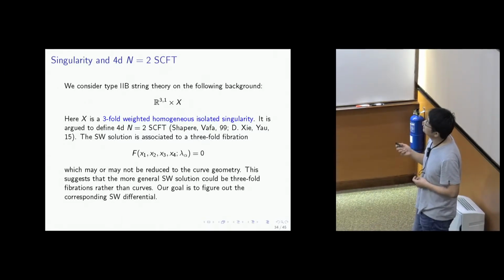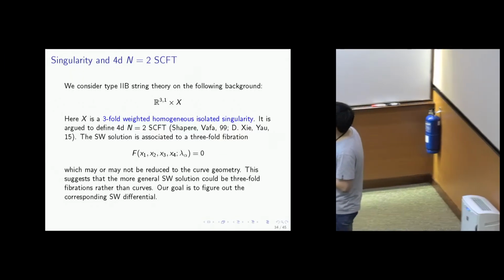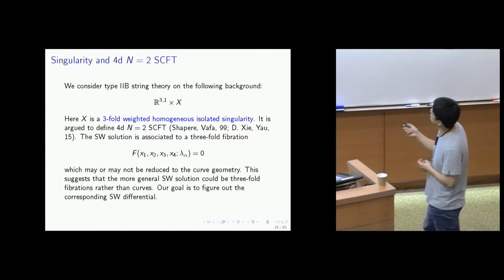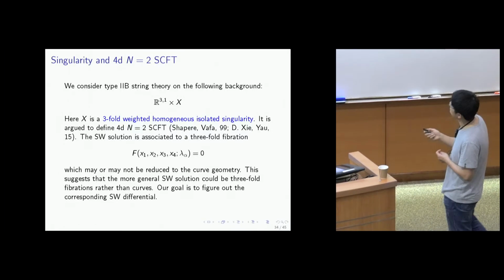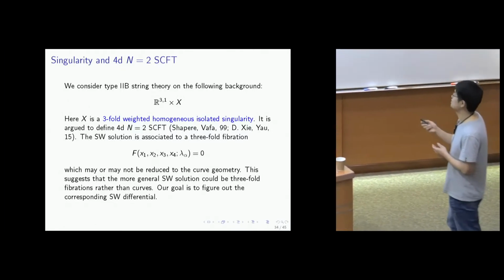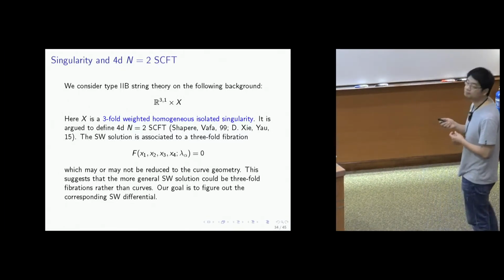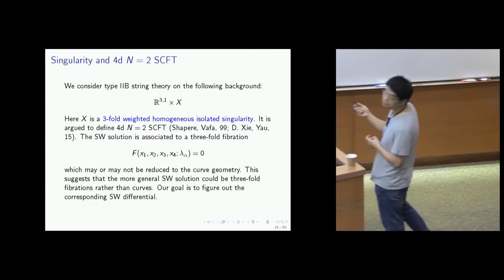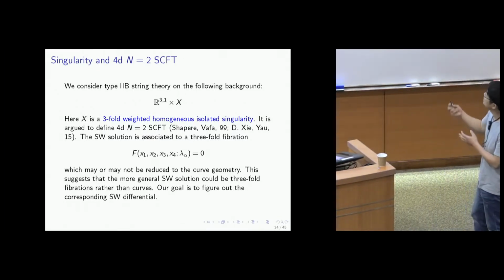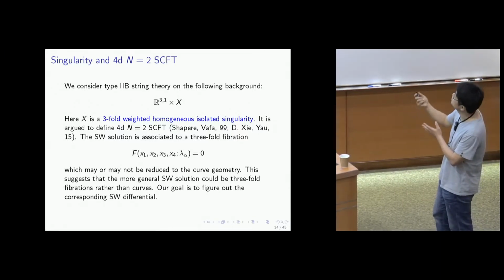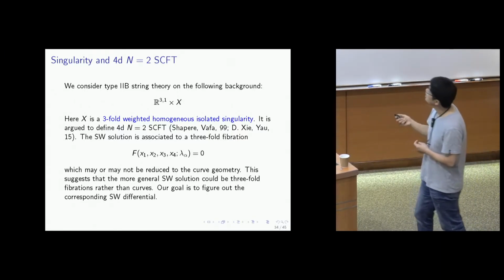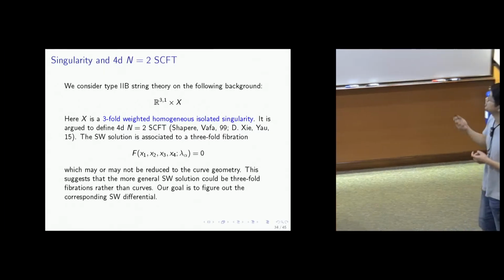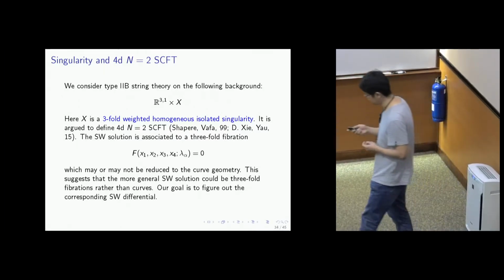Around the singularity, you find something interesting, like a Seiberg-Witten solution associated to a threefold fibration. This is basically the defining equation for this X. Sometimes this is reduced to the curve case, sometimes not. So you might have a general Seiberg-Witten solution for this threefold fibration that cannot be reduced to the curve case. Our goal here is to figure out the corresponding Seiberg-Witten differential for this geometry.